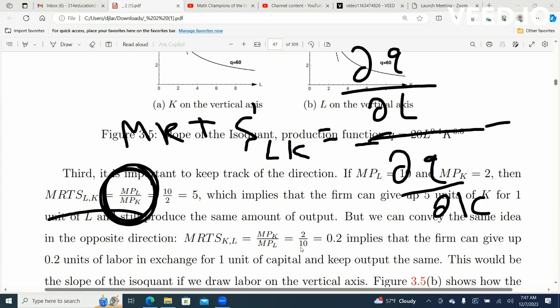So what happens if we have the KL? If this is L comma K, what happens if we have the other graph? It's just going to be the opposite. If we flip it, just go ahead and flip this fraction here.